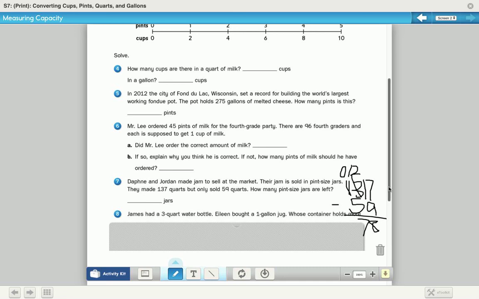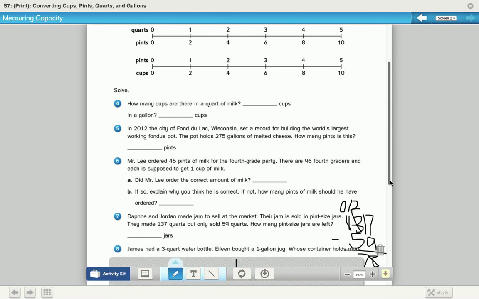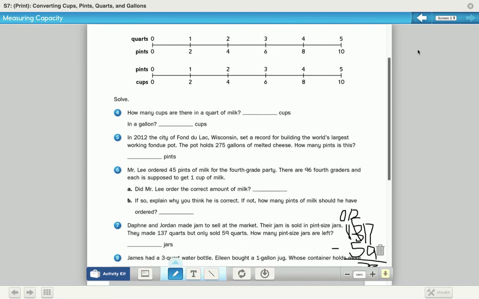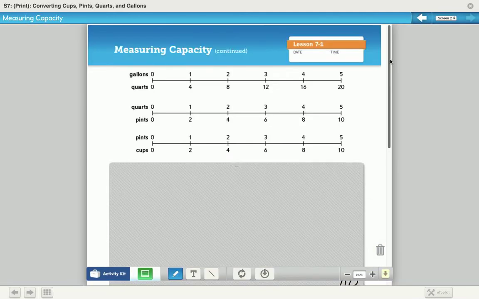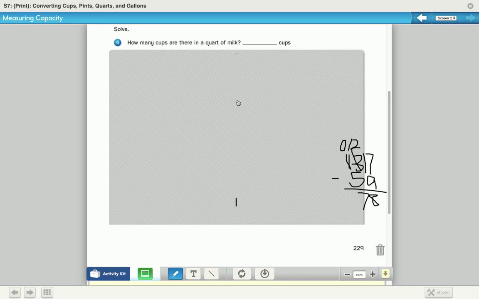And then the last problem, James had a 3-quart water bottle. Eileen bought a 1-gallon jug. Whose container holds more? Okay, so we have 3 quarts and 1 gallon. So let's go back and look at our chart. One of them bought a gallon container, and one of them has 3 quarts. So which one is more? A gallon would be more because a gallon holds 4 quarts instead of 3 quarts.